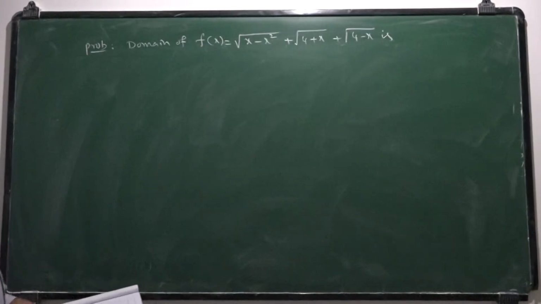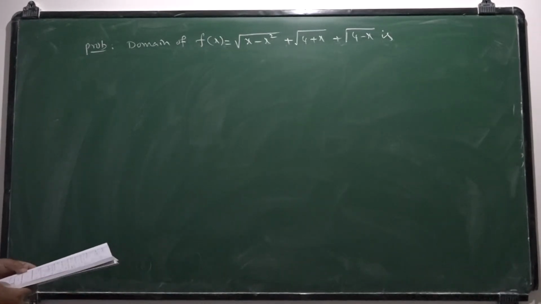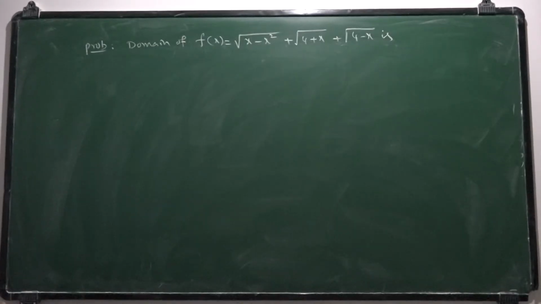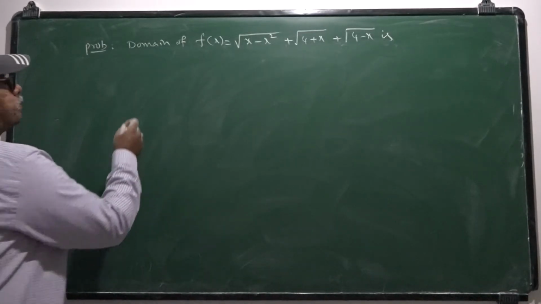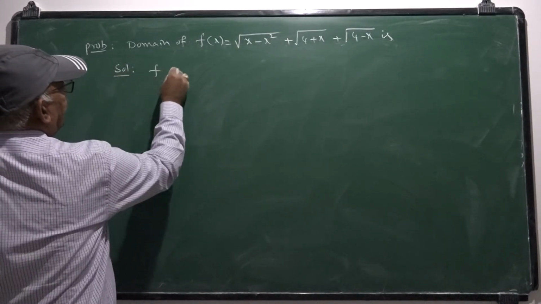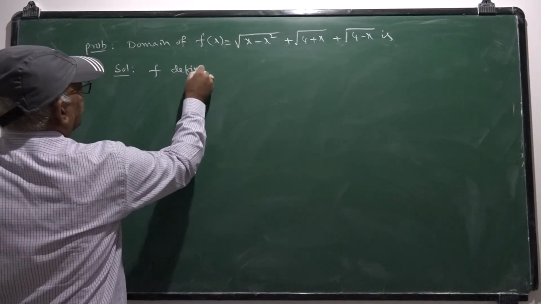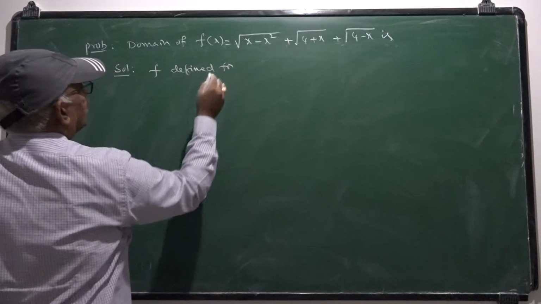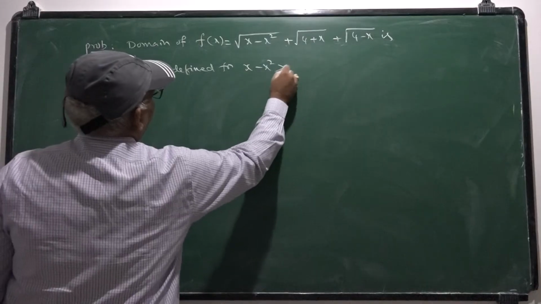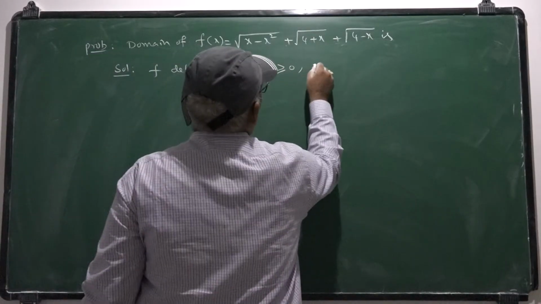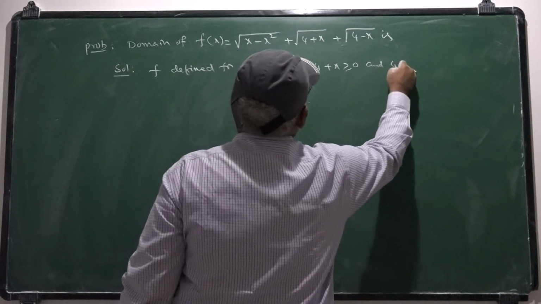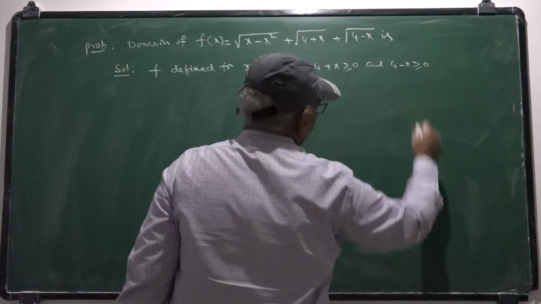The domain of the function square root of x minus x square plus square root of 4 plus x plus square root of 4 minus x is: f defined for x minus x square greater than or equal to 0, 4 plus x greater than or equal to 0 and 4 minus x greater than or equal to 0.